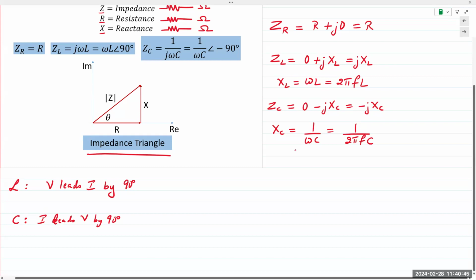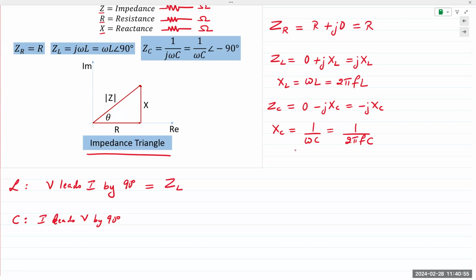Now, what that means is, if you're performing calculations with ZL, and you're getting a little bit ahead, on the next couple of slides, I will show and talk about how we can apply fundamental laws to circuit analysis problems for AC. So, you know what?